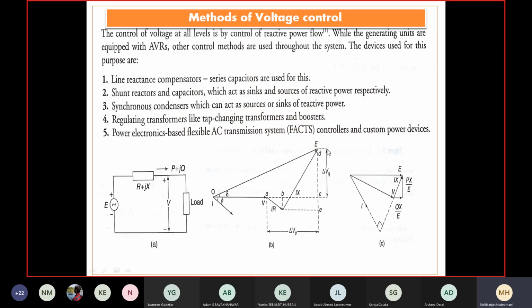The dotted lines show additional projections and extensions, and we can label them. So AB as a new term, BC as a new term, DE and CD as new terms for our representation. You can see an angle phi lagging with this IR along AB here, and that angle automatically reflects as the angle between the side CD and this lateral side IX. So with this we have a lot of relationships to be established.